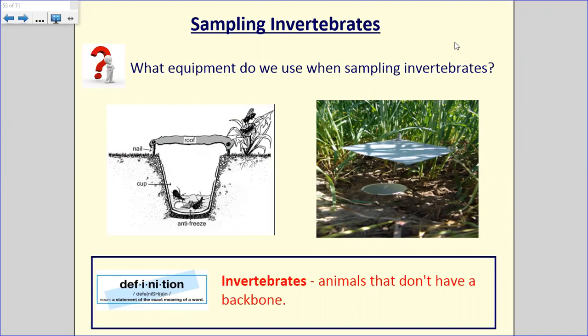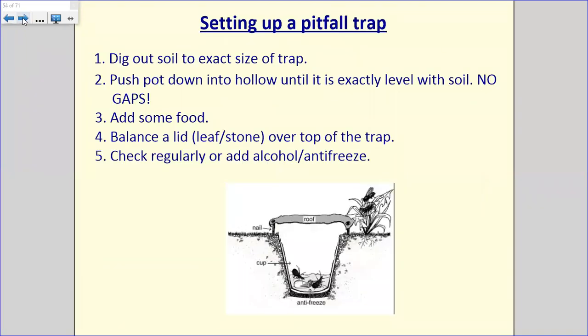So we're now going to have a look at how we can sample invertebrates. There's a definition of what an invertebrate is at the bottom of the slide. So what equipment do we use when sampling invertebrates? Well, you'll recognize this perhaps from 1st or 2nd year as a pitfall trap. So you need to be able to know how to set up a pitfall trap. There are the instructions there of how you do it.